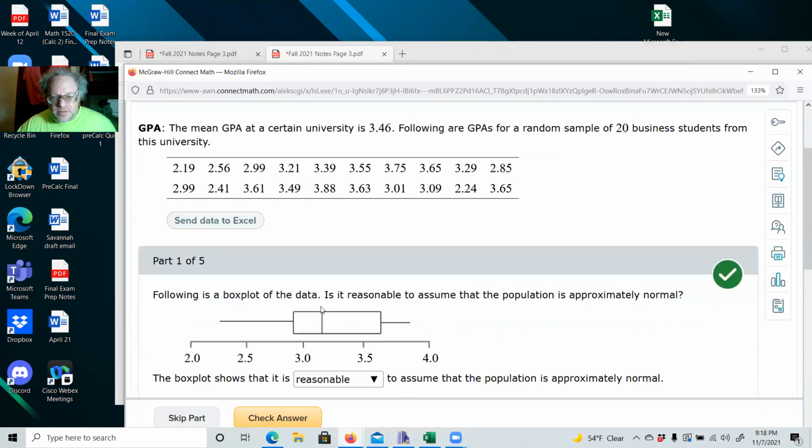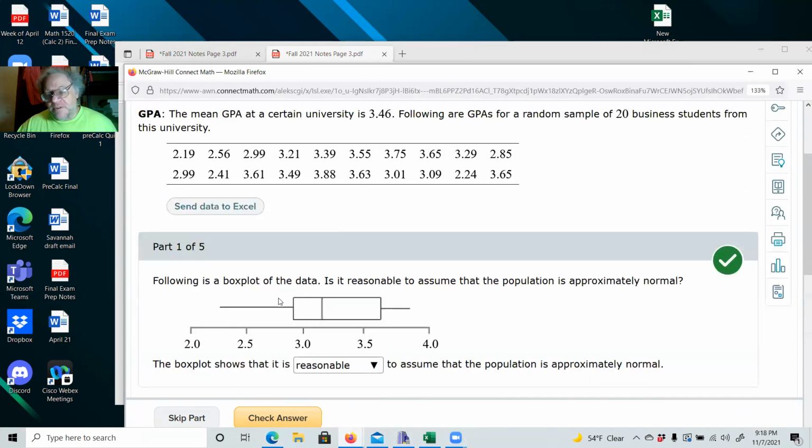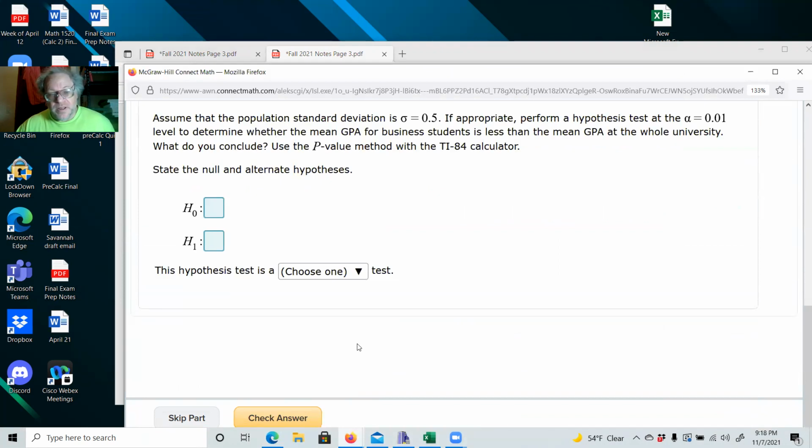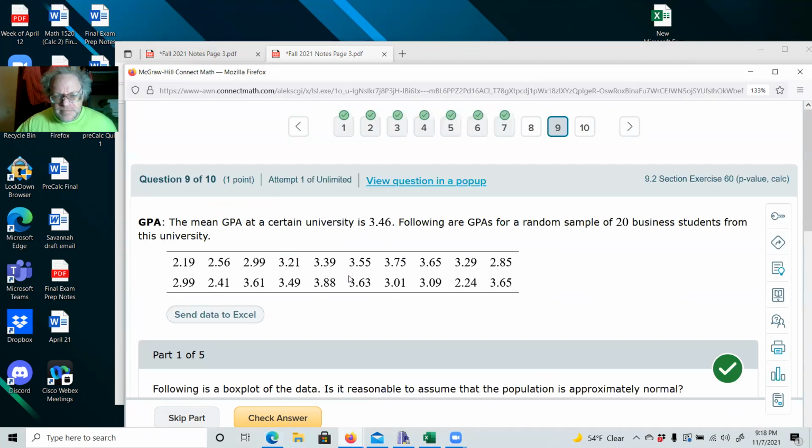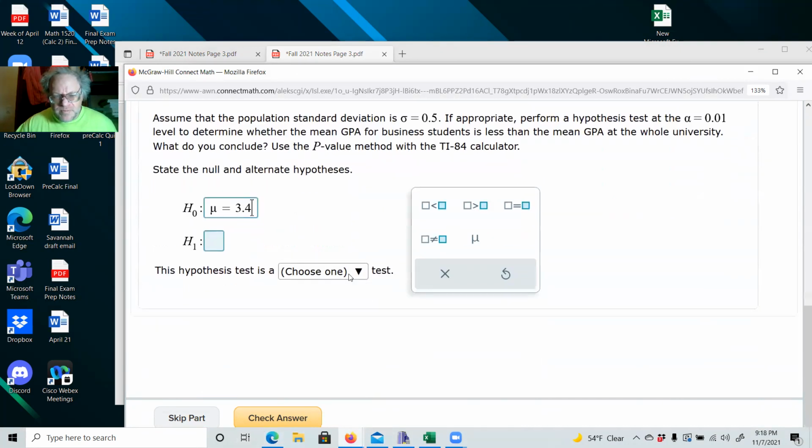So let's have a look. Again, never asking you this question. Mu equals 3.46, and mu is less than 3.46.